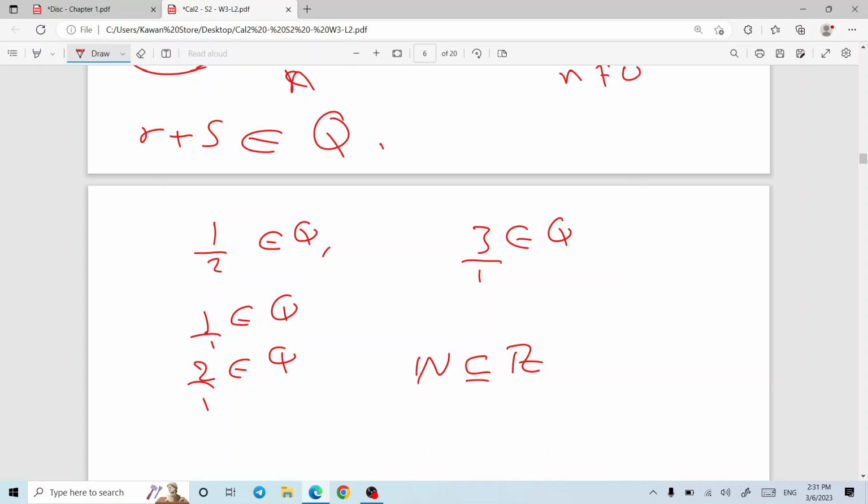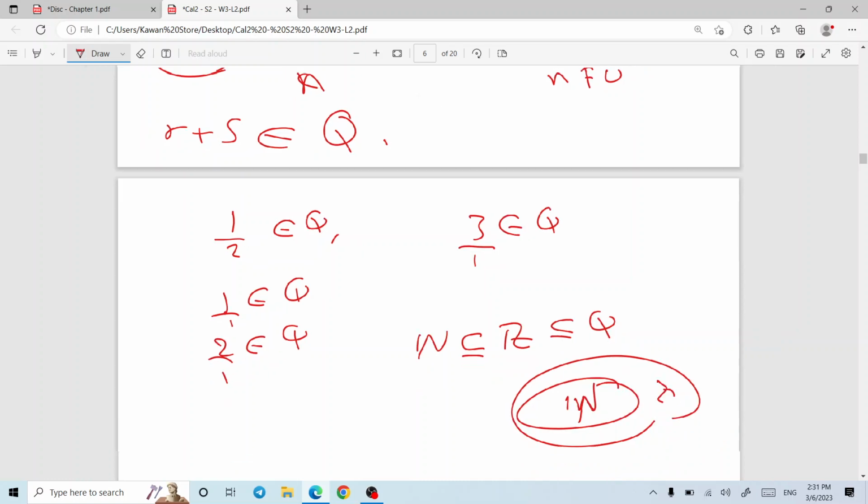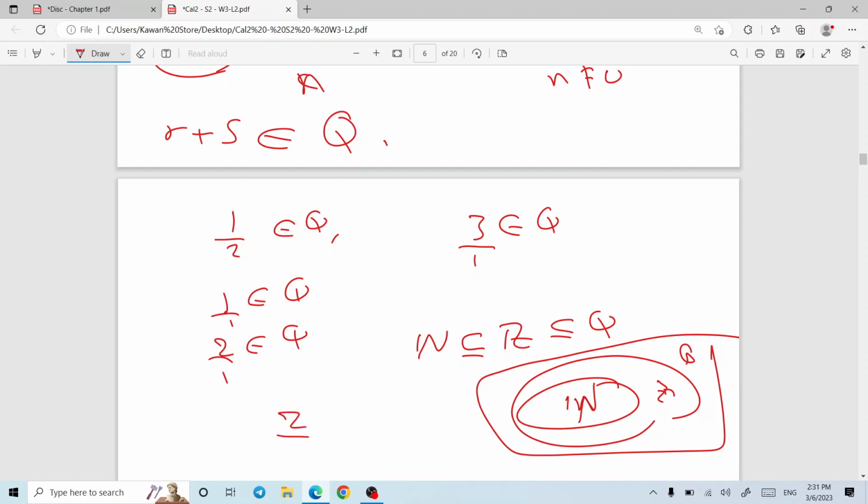All natural numbers and integers are rational numbers. That means the set N of natural numbers, then Z, and the biggest one is the rational numbers. Understood? So every integer is also automatically rational. Why? Because for the denominator, I can put 1 and satisfy the definition of a rational number. You got it, Kaka? Good.